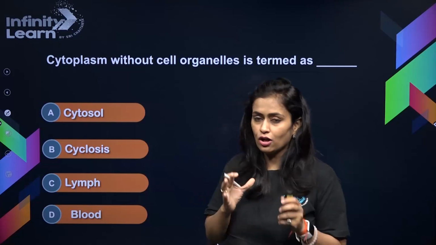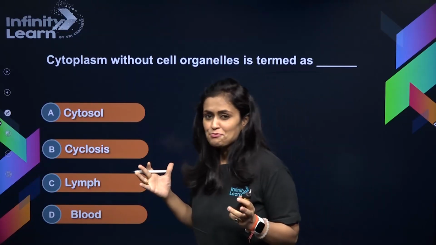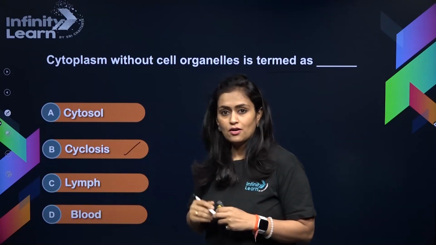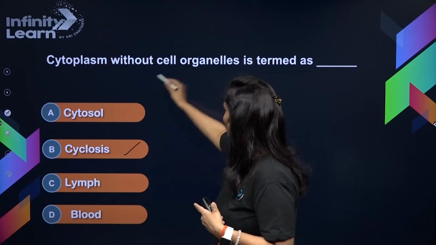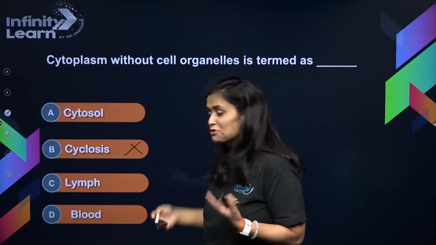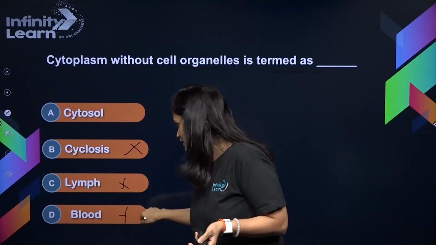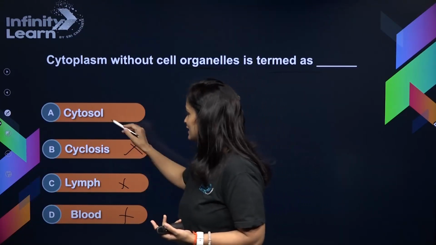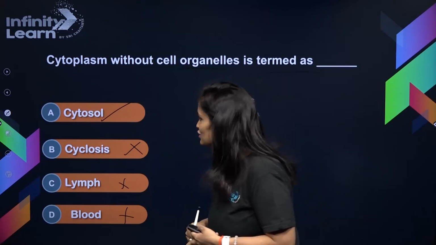You can also answer this by your prior knowledge. Today I have taught you cyclosis is the movement of cytoplasm, so without cell organelles, surely not. Lymph and blood are the fluid tissues present in animals. And that brings us to the answer for today: cytosol.